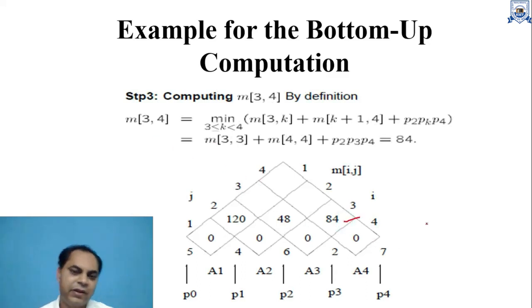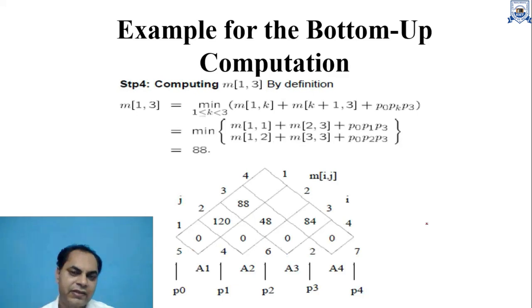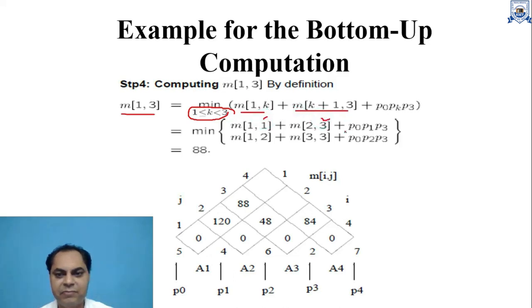Okay, now come to size 3. For size 3, the first would be m13. This time the value of k varies: first time k is 1, and second time k is 2. When k is 1, it would be m11 and m23 and the number of scalar multiplications p0, p1, p3. When the value of k becomes 2, it would be m12, m33, and p0, p2, p3.